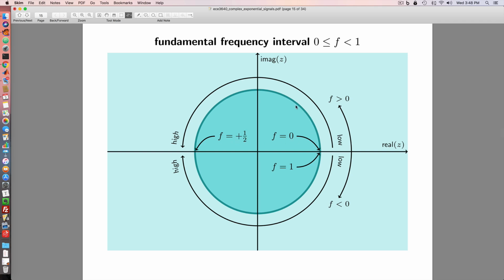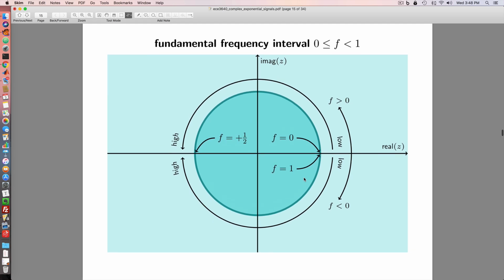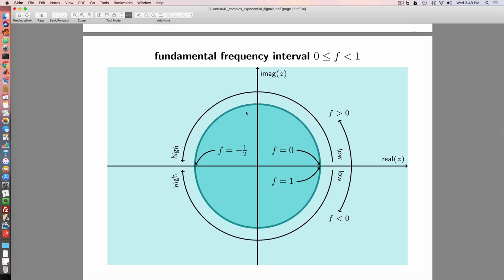Well, this helps us understand that a little bit better because you can see that we have these fractional numbers between 0 and 1, and that's all the frequencies there are. There are no more than that. Every other frequency that you could write down that's a real number is equivalent to one of the frequencies encountered on one pass around the unit circle.